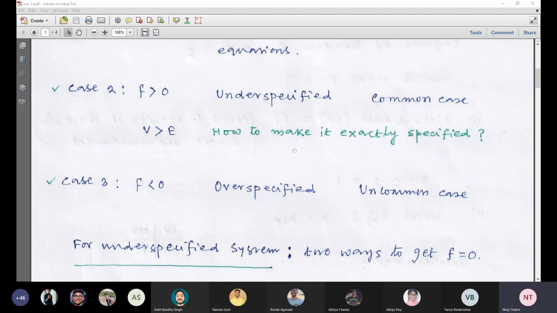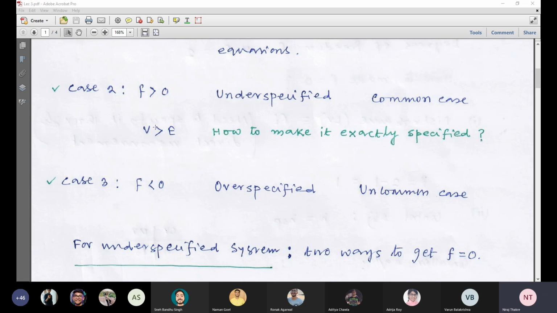Okay. So there are two ways to get f equal to 0. If you see this one, either we can reduce the number of unknowns or we can increase the number of equations. These are the two answers. Now question is how we can reduce the number of unknown variables? By direct measurement.